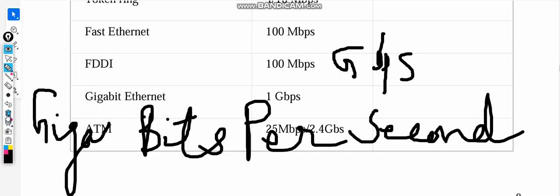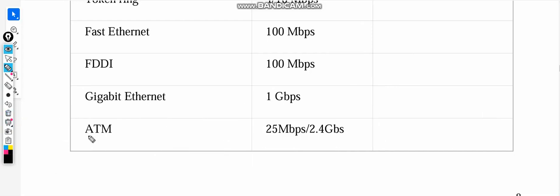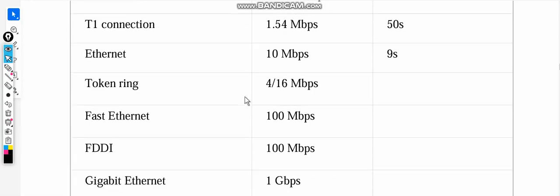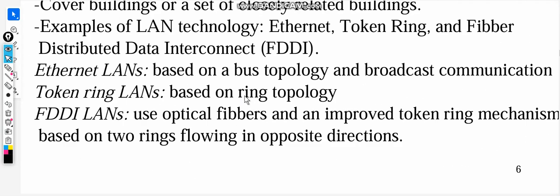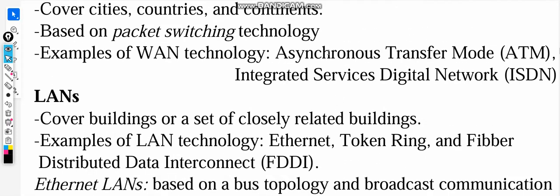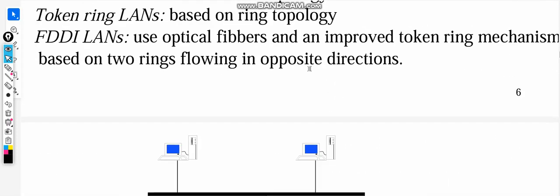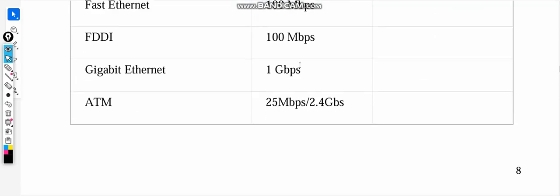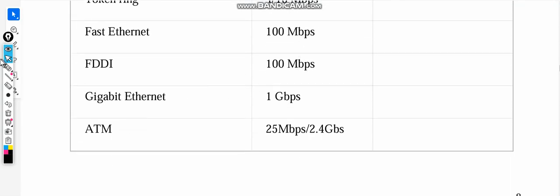ATM means asynchronous transfer mode. These are in the last slides. In ATM, the speed is 25 Mbps to 2.4 Gbps.